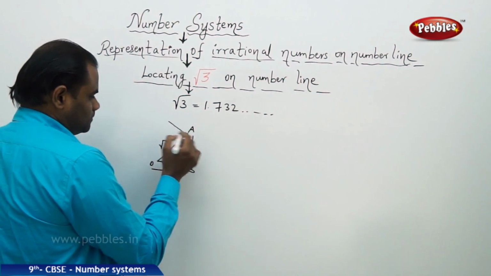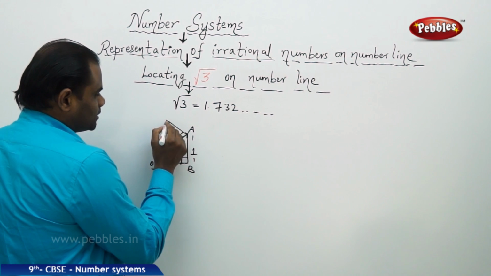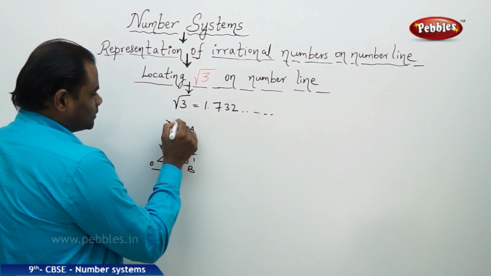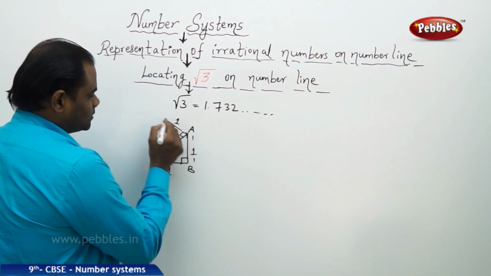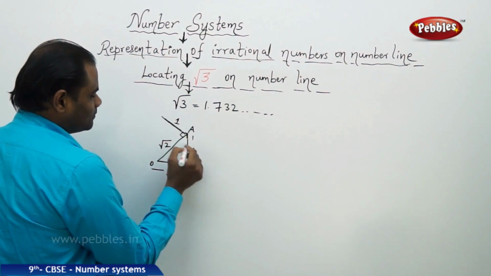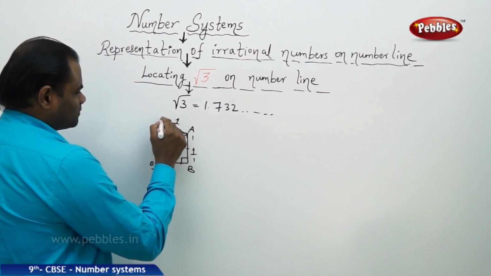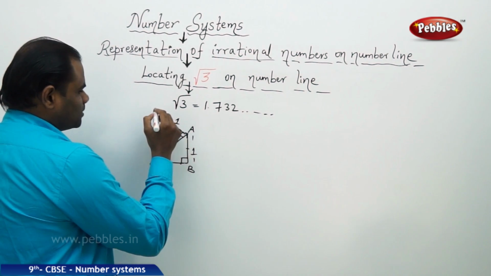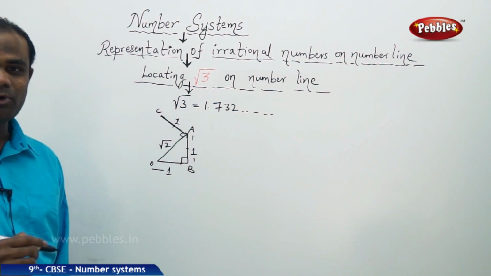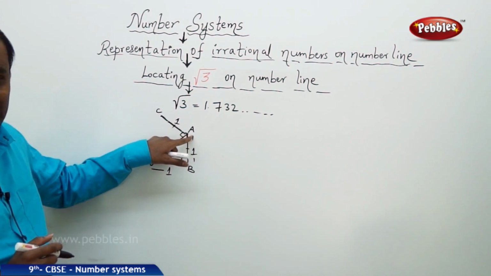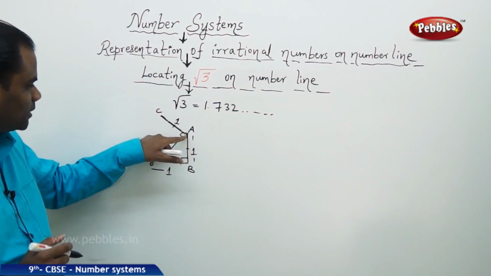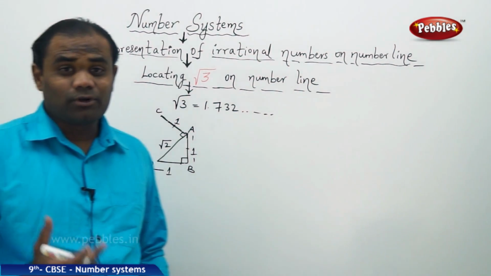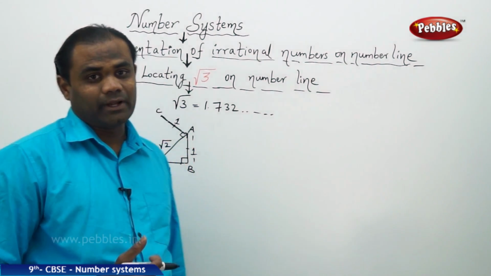Here I construct exactly with the distance being 1 unit, exactly the same as this 1 unit. So here I mark this to be C. So C is the point which is exactly 1 unit from A and which is perpendicular to the hypotenuse OA of the right angled triangle.